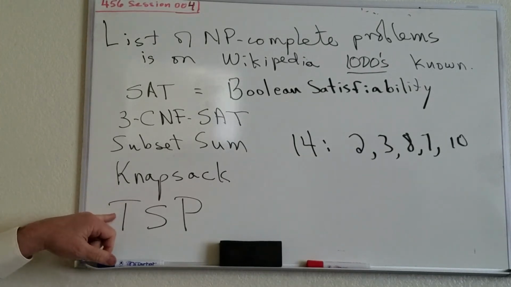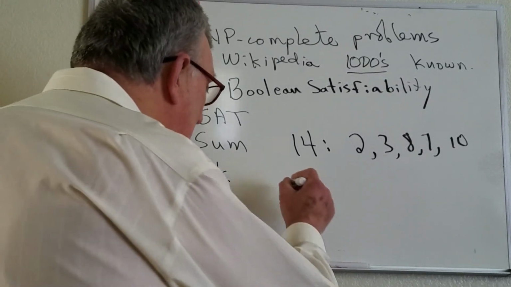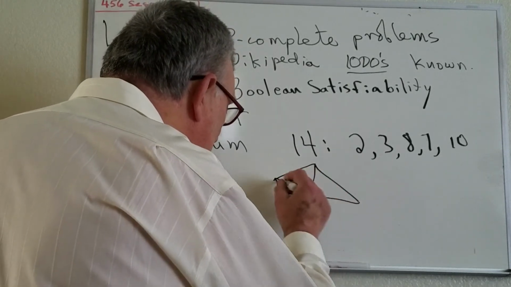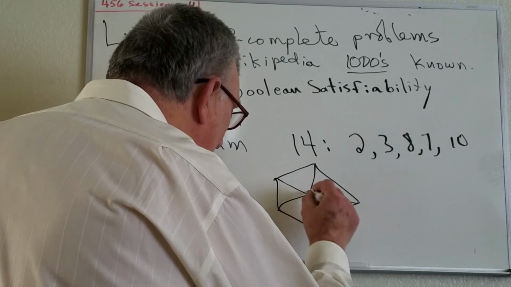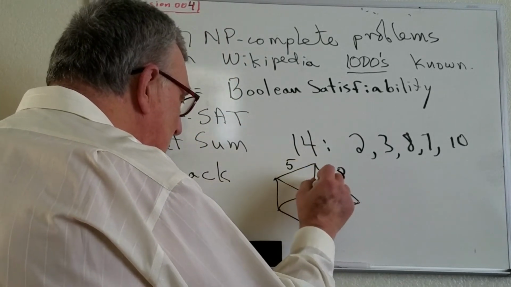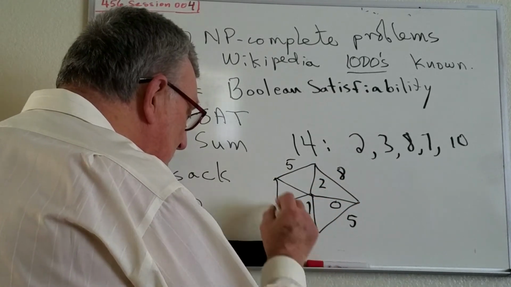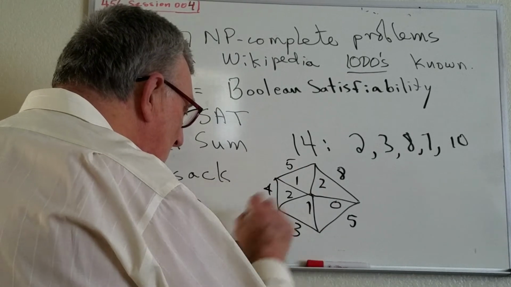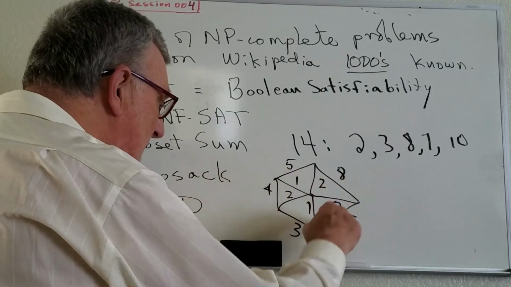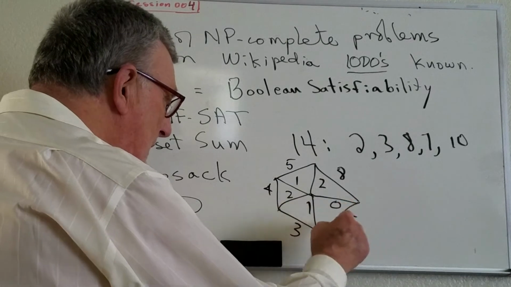Now the traveling salesman problem is also NP-complete. And for example, if we had a graph here, and we had a bunch of cities here, and a bunch of weights here, and our question is, what's the cheapest way to visit all the cities in a Hamiltonian cycle where each road costs a certain amount?